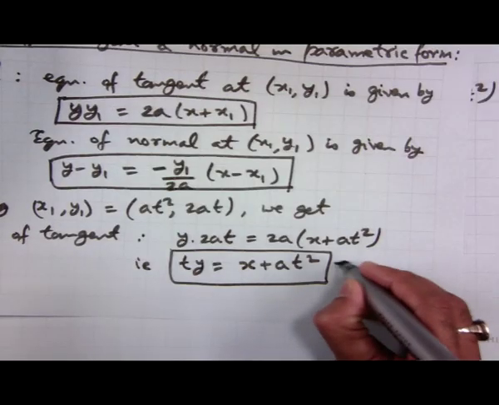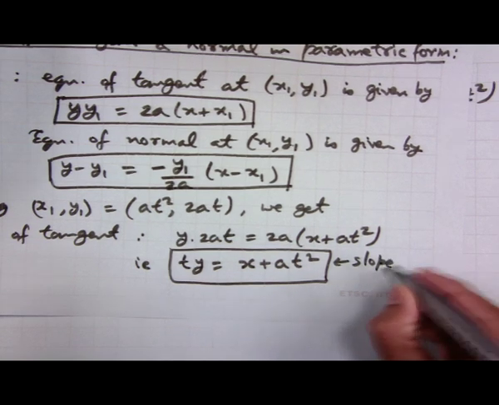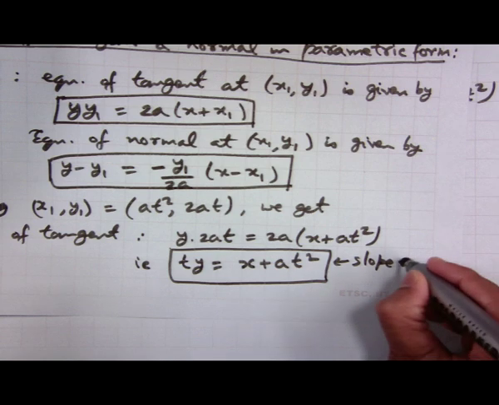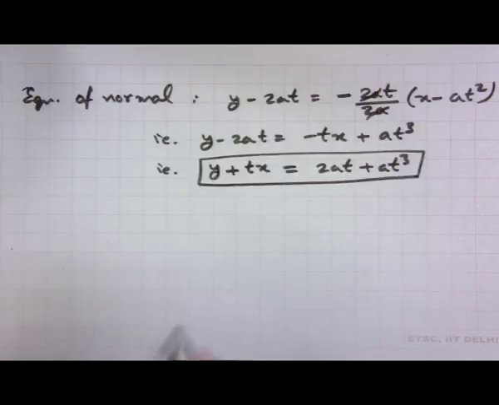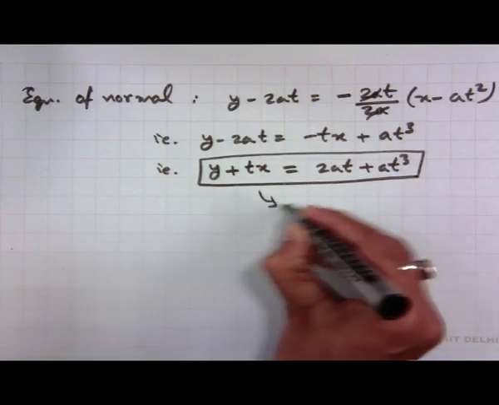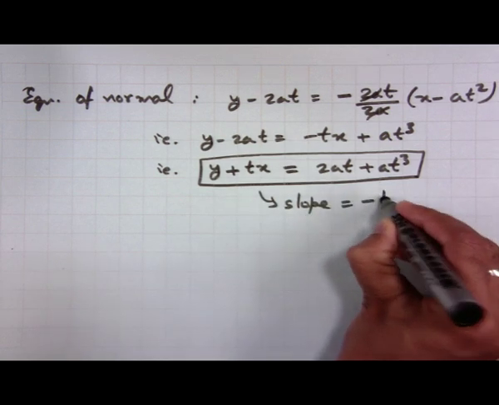If you look at the slope of the tangent line, this has slope 1 by t, and the slope of the normal line is minus 1 by t.